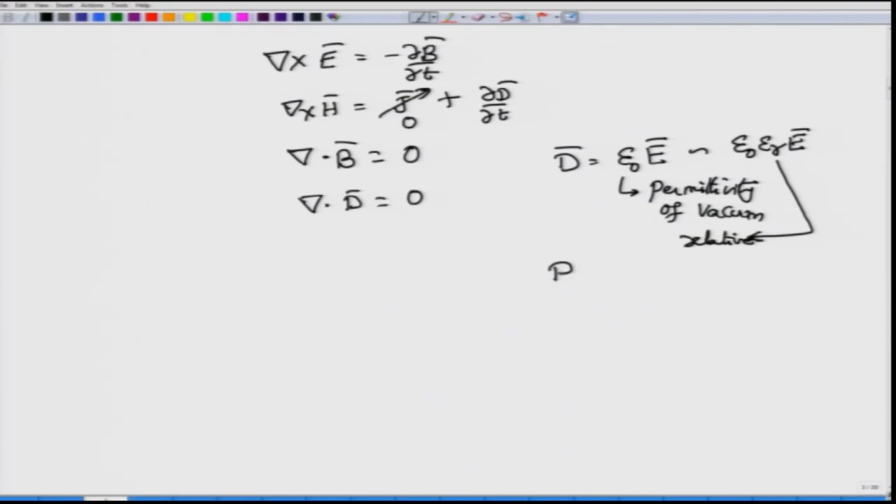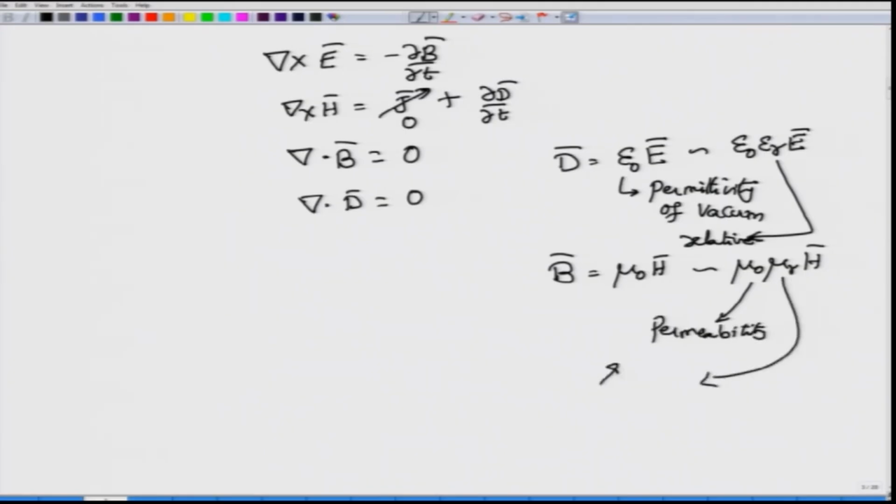Similarly, your B is related to H by mu 0 H for the vacuum case, and for the non-vacuum case it is very complicated, but one possible way of representing them is to write down with the relative mu r. Mu 0 is called permeability and mu r is called relative permeability, relative again with respect to vacuum.